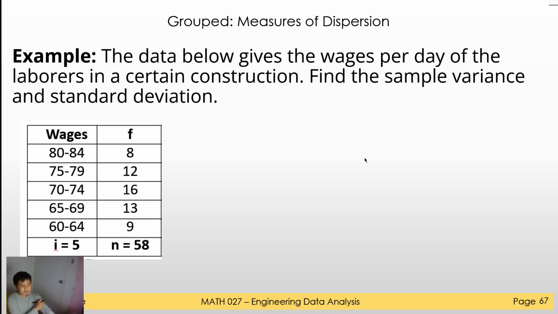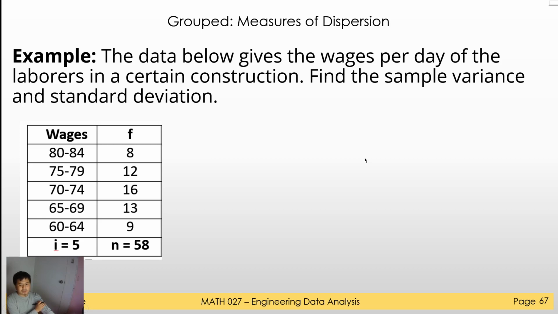So the class width will be 5. In the frequency table, we have the frequencies of the different classes. If we find the total of these frequencies, we have n equal to 50.